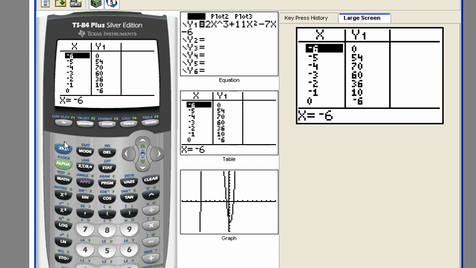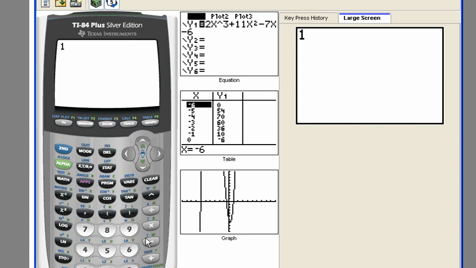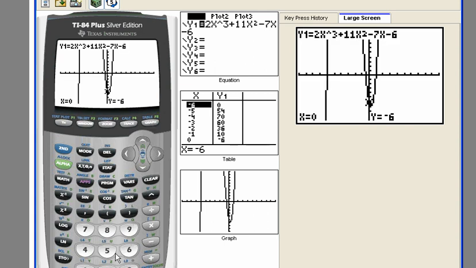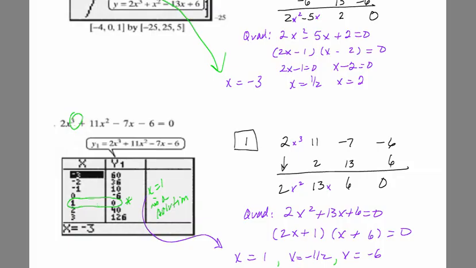Knew it had to be there somewhere. And if we wanted to check out the 1/2, if we go to the graph, hit trace, and then type in 1 divided by 2, press enter. Oh my goodness. Oh, I bet it was a negative 1/2. Oops. If we type in a negative 1/2, surely that should be 0. There it is. So we're just validating, yep, those are the 3 zeros that we found over here algebraically.